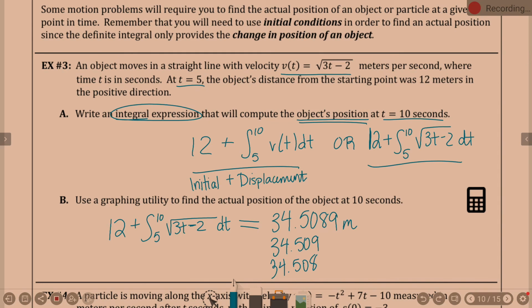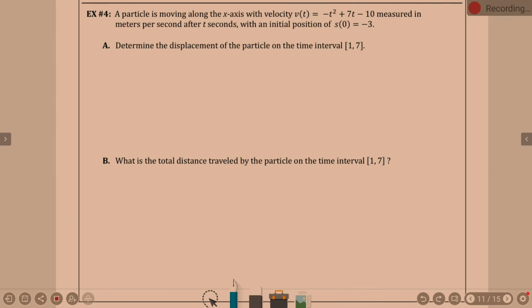A particle is moving along the x-axis with given velocity, measured in meters per second after t seconds, with an initial position. So we are provided a velocity and an initial position. Determine the displacement of the particle on the time interval 1 to 7.